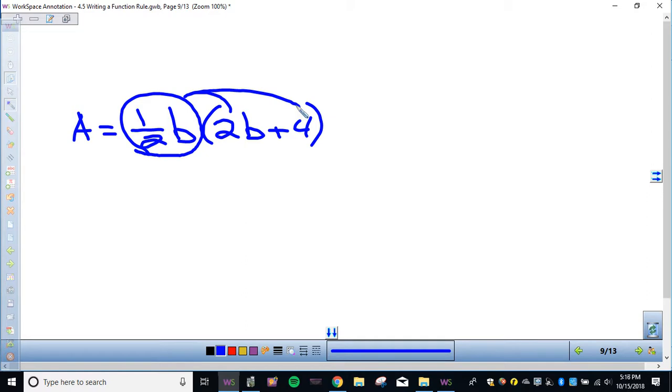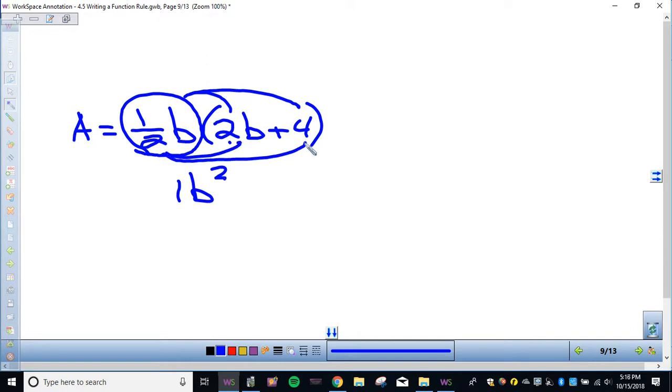So all I do when I look at 2 times 1/2, I just think about what's a half of 2? Well, that's 1. What's b times b? You get 1b squared. Just like x times x is x squared, b times b is b squared. So I just multiplied these two.